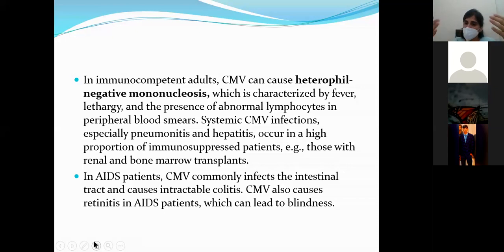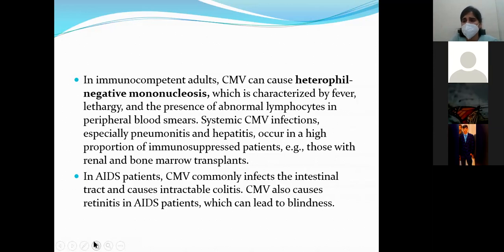But in the younger children or in the adults, they will be asymptomatic. You will find no symptoms, but sometimes you will have heterophilic negative mononucleosis in which the patient will present just with low grade fever and lethargy, and there will be abnormal lymphocytes in the peripheral blood smears.